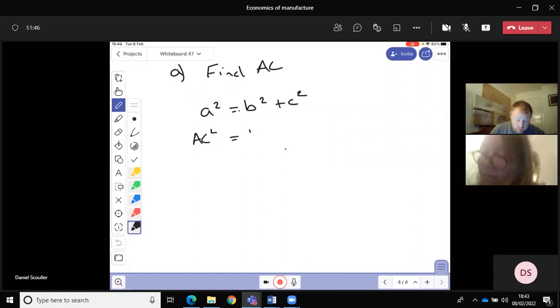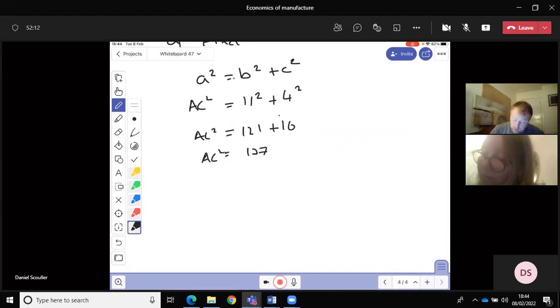B squared, I'm going to put that front edge, and then C squared, I'm going to use that side edge. Then it's just a case of working through that. 121 plus 16 is 137. So AC equals the root of 137.